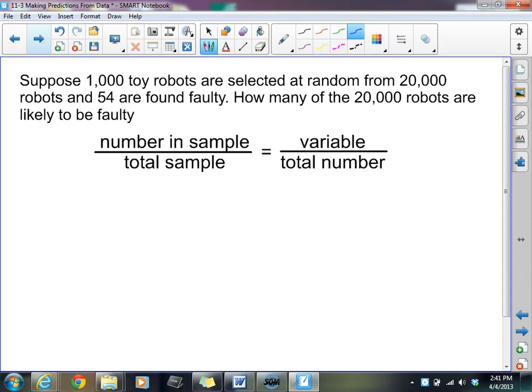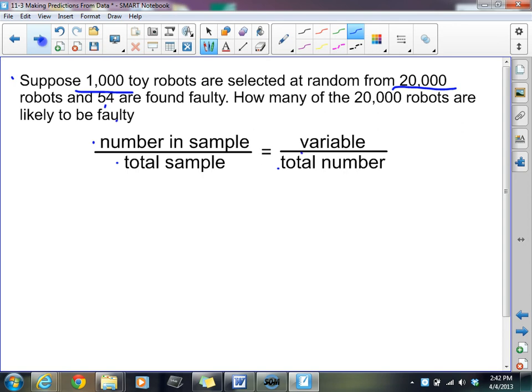The question is, suppose 1,000 toy robots are selected randomly from 20,000 robots. So our total number now is going to be 20,000, and our total sample is going to be 1,000. Now, 54 are faulty. That's the number in my sample. How many of them are faulty?